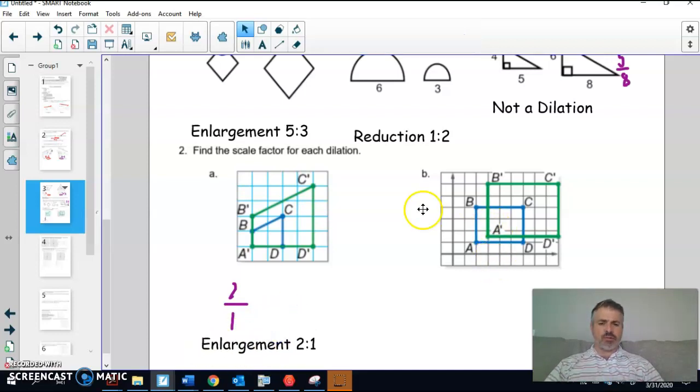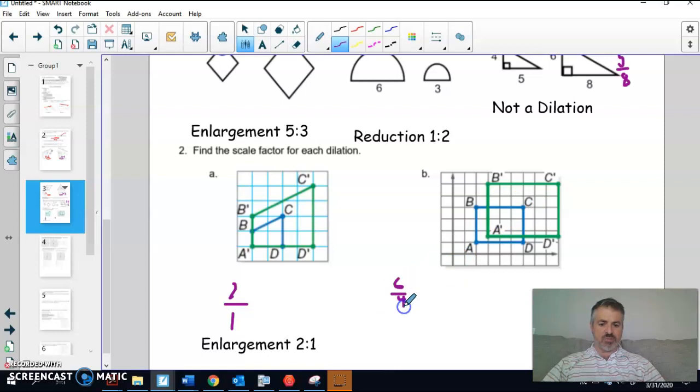Over on this one, looks like another enlargement here because these are the primes and they look bigger. Let's see if I can pair up measurements. So I'll use B to C because it looks like I have measurements on them. So since it's an enlargement, I'm going to use the image points here. 1, 2, 3, 4, 5, 6 over the pre-image 1, 2, 3, 4.